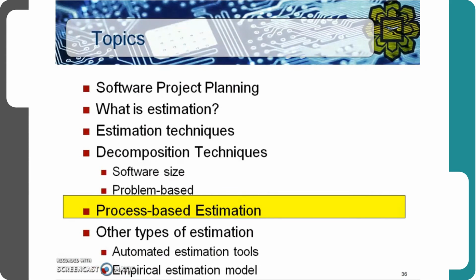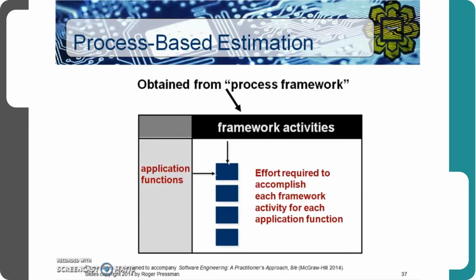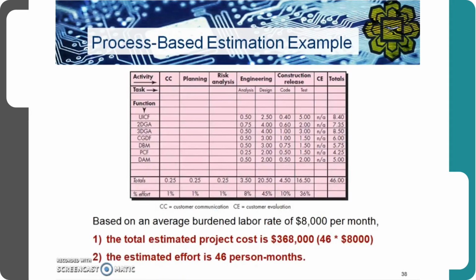Now we're going to look at the process-based estimation. The process-based estimation is slightly different from the problem-based estimation, where it is obtained from the process framework, like your process model or the software development methodology. From there, the effort required to accomplish all the activities or tasks in the process model is decomposed into a few elements.